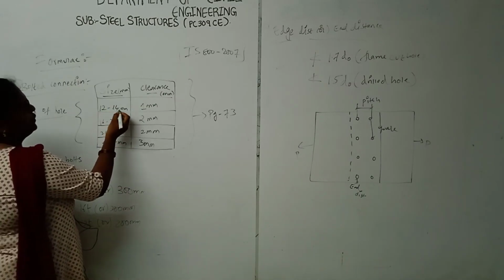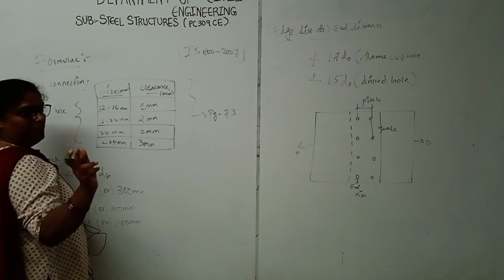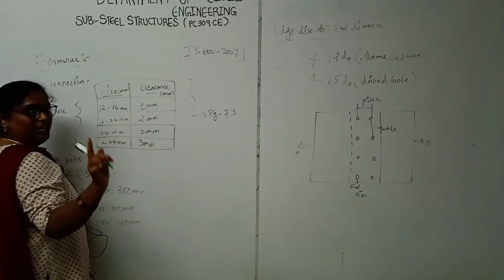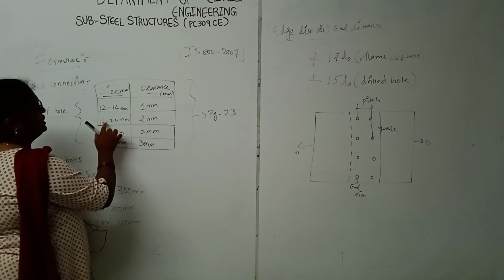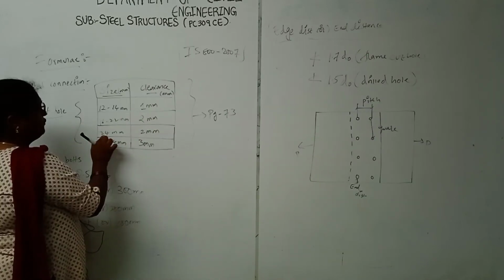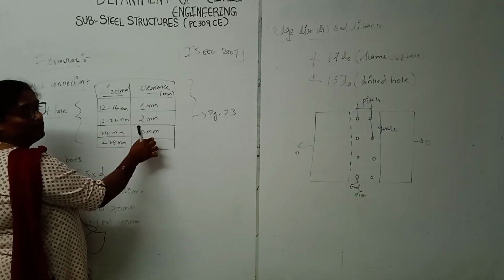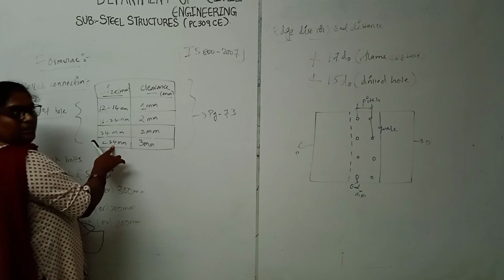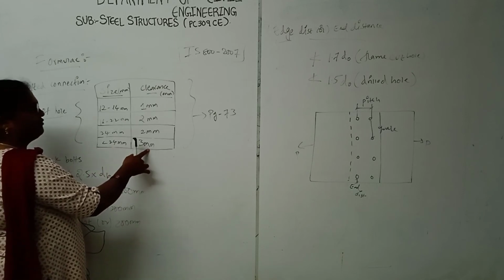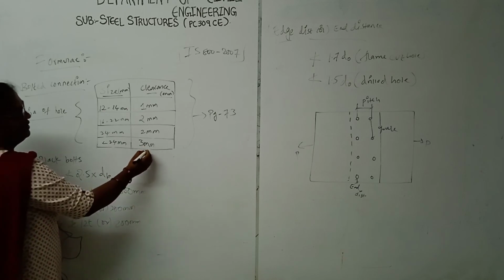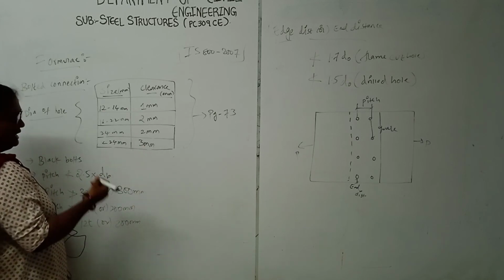For 12 to 14 mm dia bolt hole, you have to provide 1 mm clearance. For 16 to 22 mm dia you have to provide 2 mm clearance. For 24 mm dia also you have to provide 2 mm clearance, and greater than 24 mm you have to give 3 mm clearance.